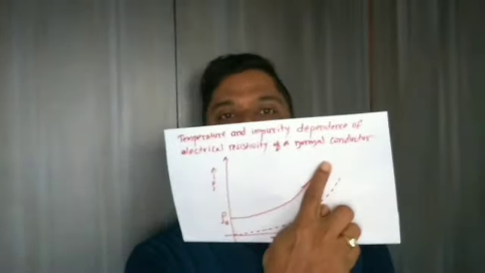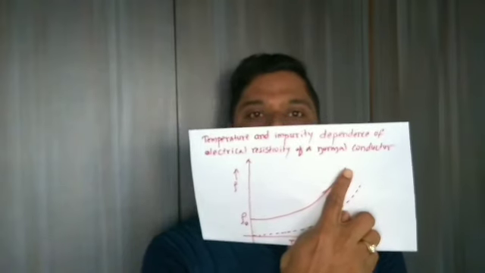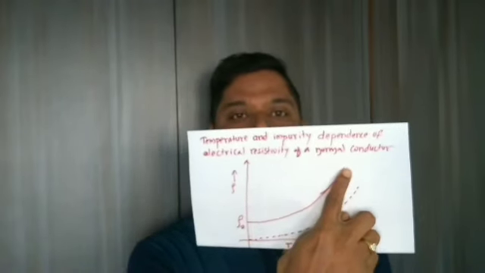This resistivity, let us say, is a constant at a given temperature, that is room temperature. In terms of the graph, one can show that this is the resistivity at room temperature. If this is the resistivity at room temperature, when we decrease the temperature, what has to happen? The resistance or resistivity has to decrease because thermal agitations will decrease.